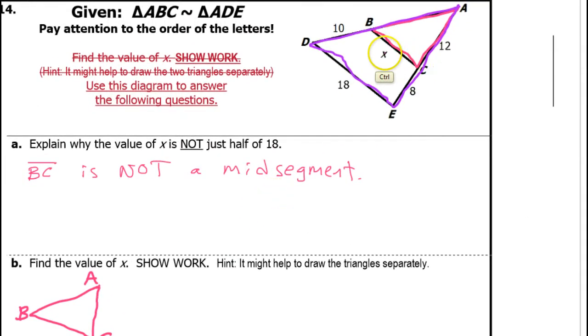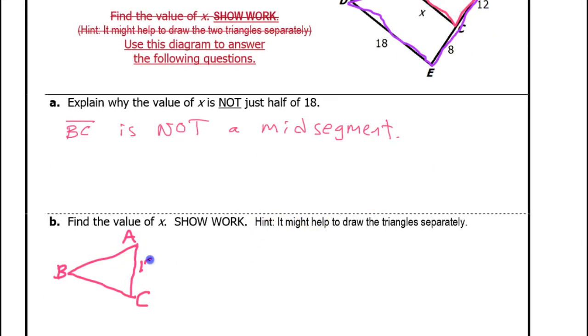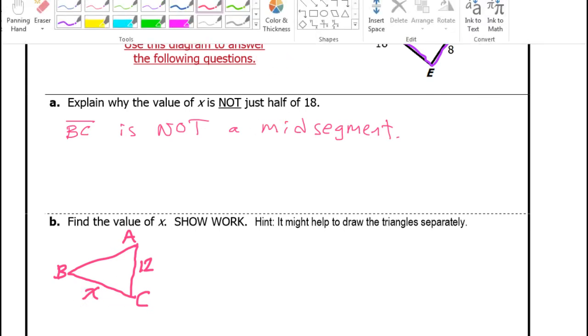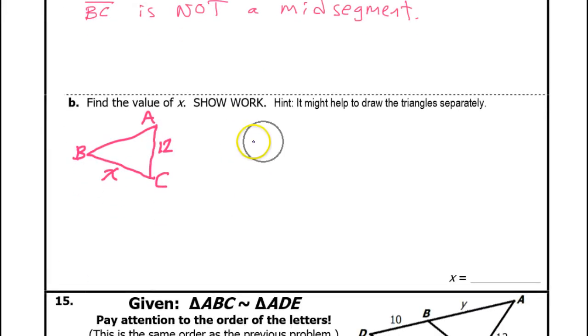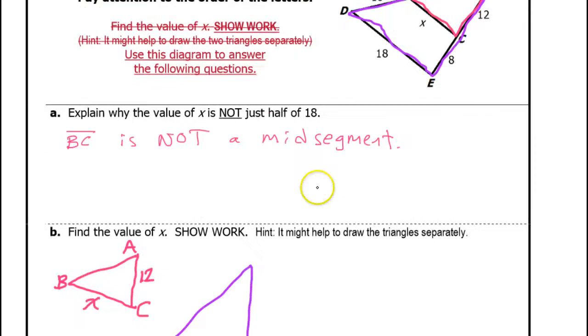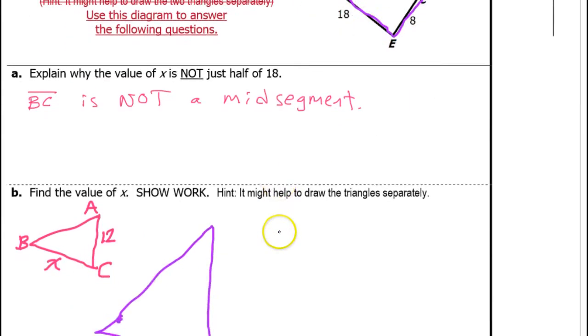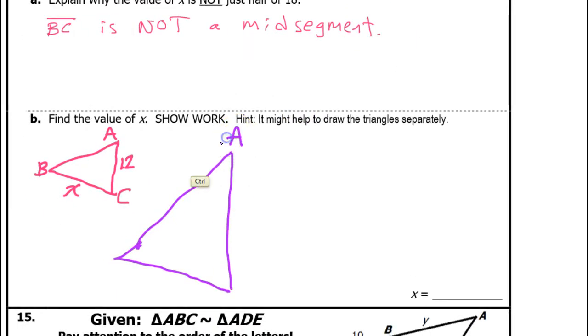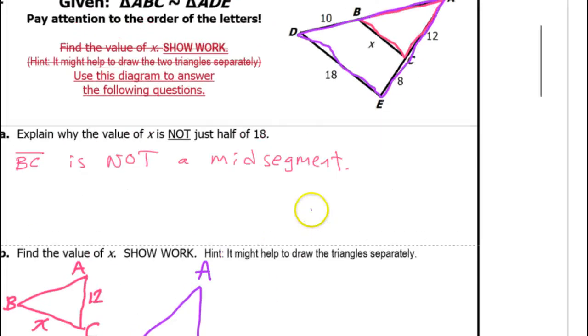Okay, what do I know? I know the 12 and the x. So this is 12 and this is x. Now I'm going to draw the larger triangle. I'm not doing a great job of drawing this triangle, but you will forgive me. And this is triangle ADE. So this is A and D and E. Now, what do I know about that triangle?